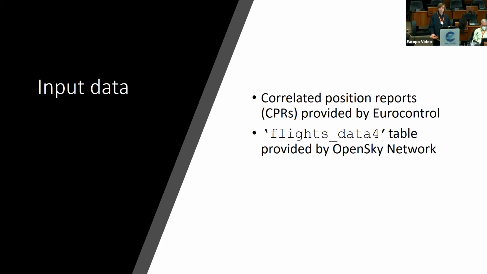Both of those data sets come with their limitations, and it is envisioned by us and also by the Eurocontrol side that this is evolving, iterating work. So it would be interesting to include other data sources in creating the reference trajectories too, but to get the ball rolling, we started with these.